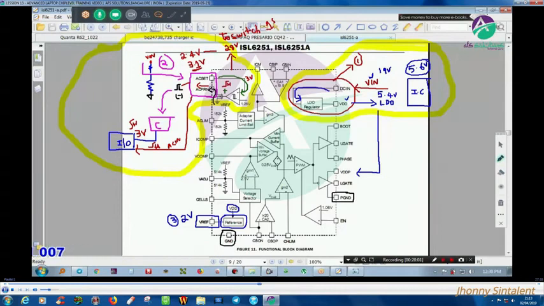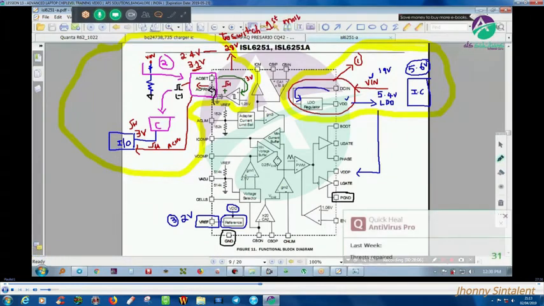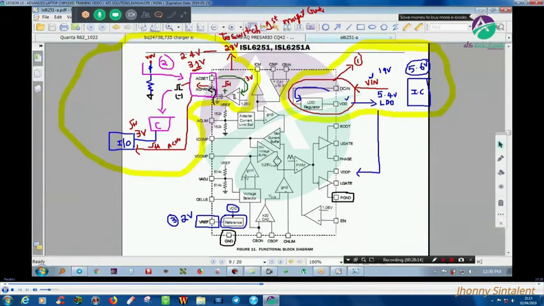This is going to the first MOSFET gate. In some circuits, this 28 volts is used from the VH28 IC, voltage high 28 volts IC, and in some circuits, this charger IC itself will give 28 volts to switch the first MOSFET.